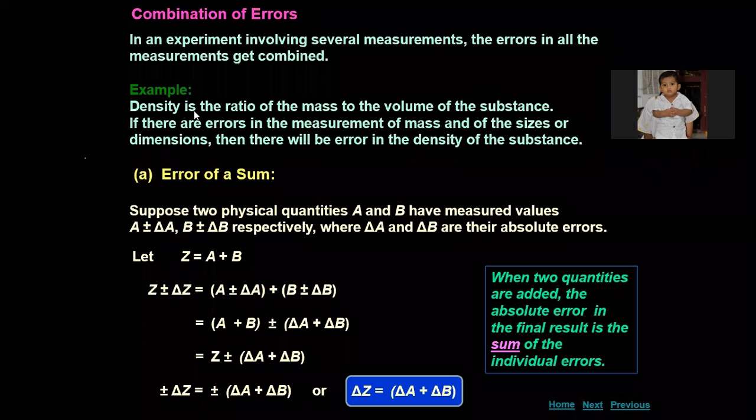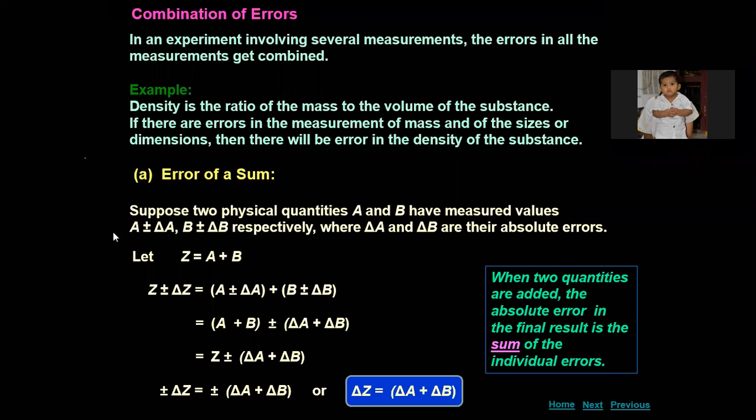Just as we get error in the resultant measurement of density, in the same way, if we add, subtract, divide or multiply, in all cases we will get error. Now here I am going with the first one, addition. If I take two physical quantities, A and B, when we measure them, automatically they will have some error in the measurement.